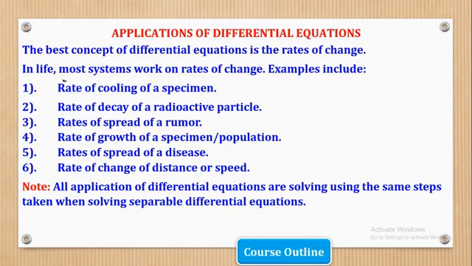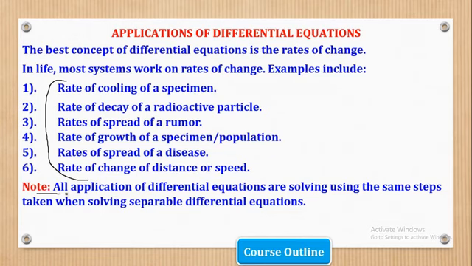The only difference is that here sometimes they give you the question in word form, and you have to identify or extract out the differential equation which you will solve, unlike in the previous tutorial where they give you a differential equation and they tell you to solve it and get the particular solution or general solution.